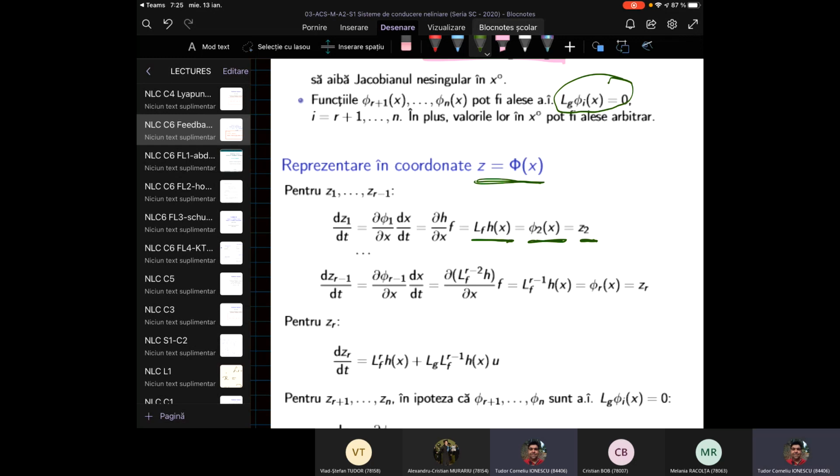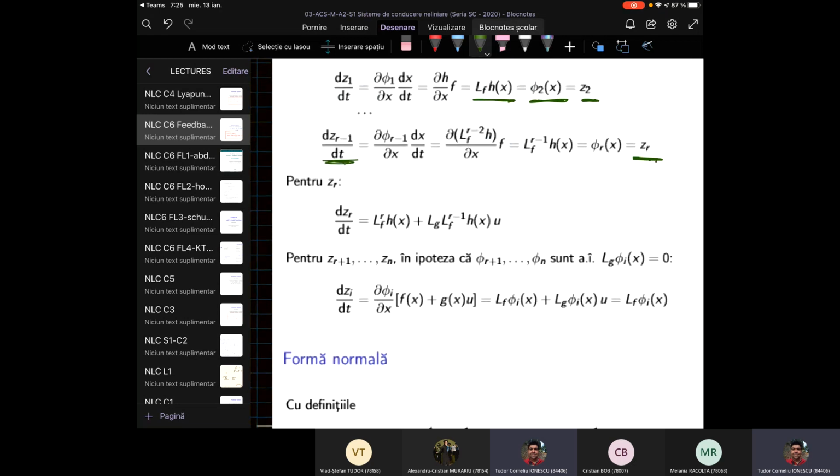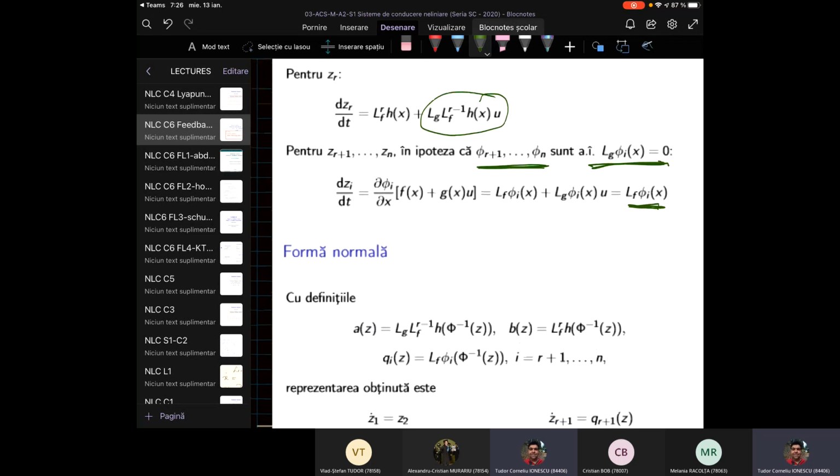Is it true? Yes, it is. Now you just keep on going like that, and you end up with zr dot is zr. But zr is now this term, because it is no longer 0. And we said we are picking these functions such that this is true. So dzi/dt is Lf phi i of x, for i from r to n.